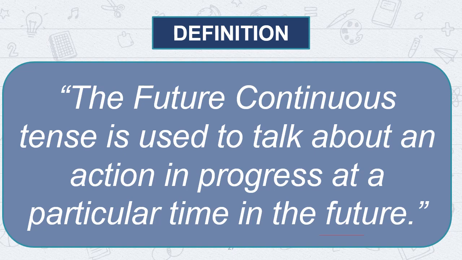For example, I will be teaching you future perfect tense or perfect tense in the next lecture. Here I am just thinking that I will be or I shall be teaching you this. There we use future continuous tense.